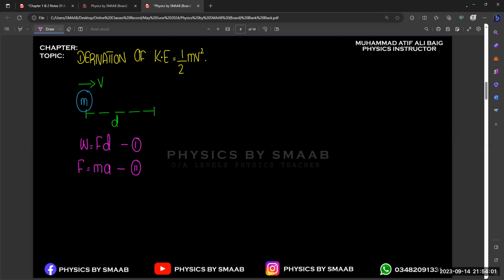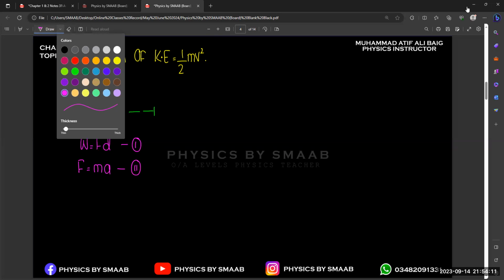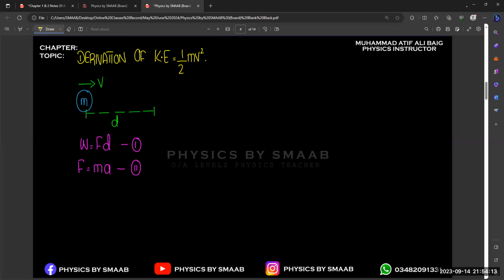And further, remember the equations of motion that we derived. The equation v squared equals u squared plus 2as. If we start from rest, the initial velocity will be equal to zero, right?